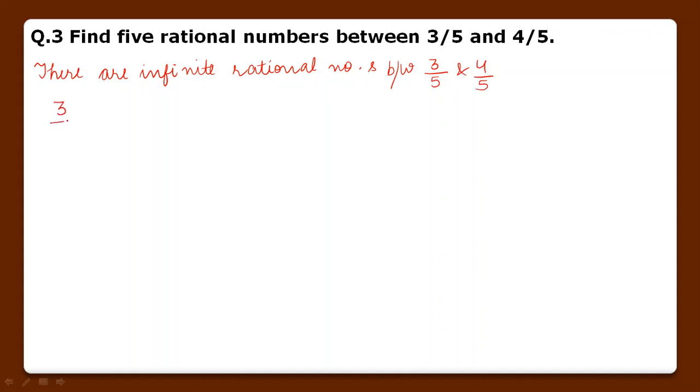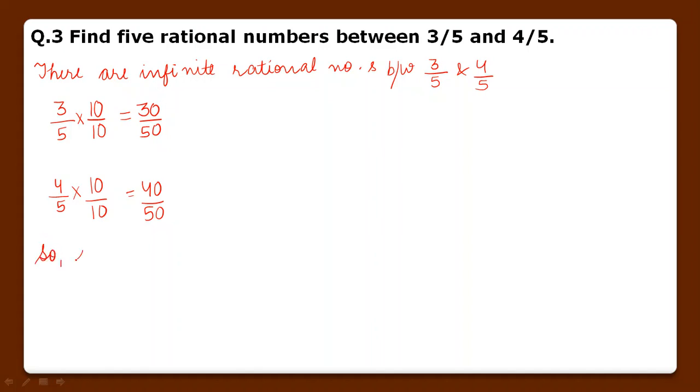We'll write it the same way, 3 upon 5 and 4 upon 5. As I have told in the previous question, यहाँ 5 है. 5 plus 1 हम 6 लिख देंगे. हम 6 से बड़ा भी कुछ भी लिख सकते हैं. सपोज हम दूसरे मेथड ही ट्राई करेंगे, 10 से हमने ऊपर नीचे मल्टीप्लाई एंड डिवाइड कर दिया. सिमिलरली इन दिस पार्ट ऑल्सो what we'll get here 30 upon 50 and here 40 upon 50. Now अब 30 और 40 के बीच के नंबर लिख देंगे.